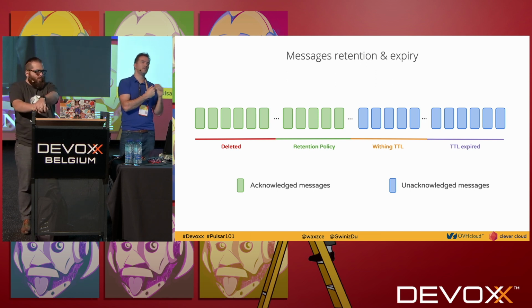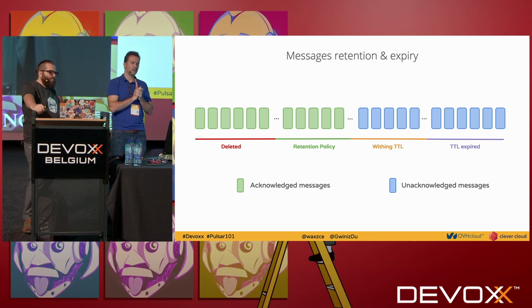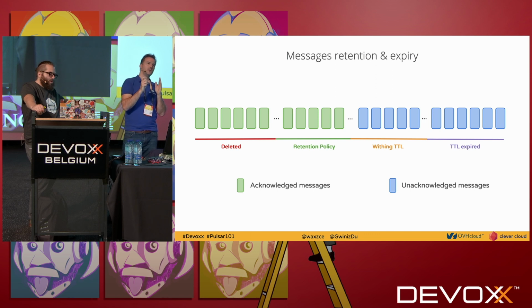So the green retention policy is this window. If messages have not been read, they are kept forever, but you can also set a policy, for example, to keep my messages for a weekend. But if it goes beyond a weekend, the messages don't have any interest anymore, and I don't want to keep them.